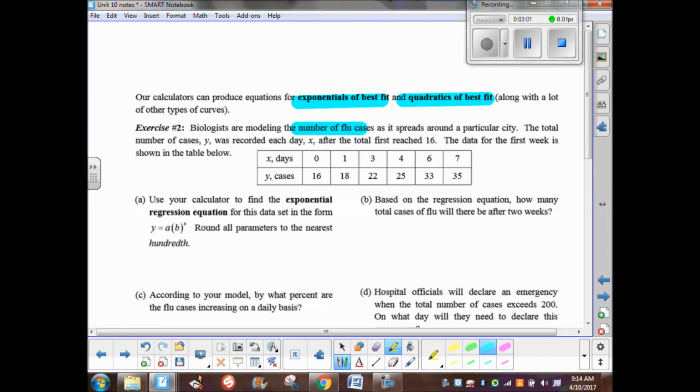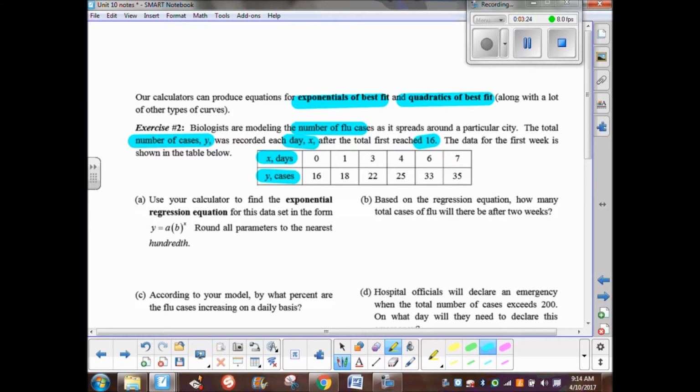The total number of cases, Y, was recorded on each day, X. So our days are X, our cases of the flu are Y. After the total first reached 16. So they started recording data when there were 16 cases of the flu. The data for the first week is shown in the table.